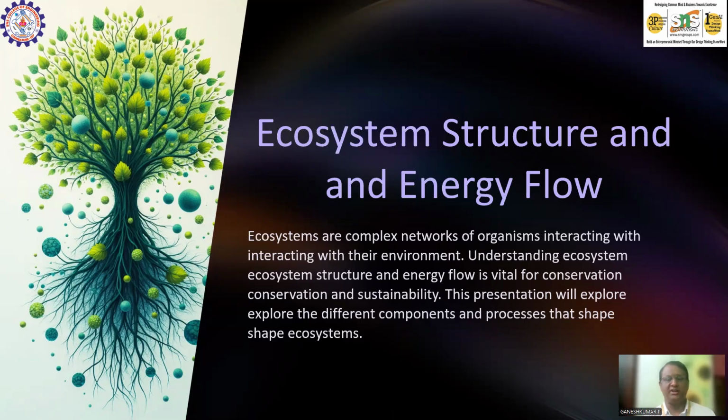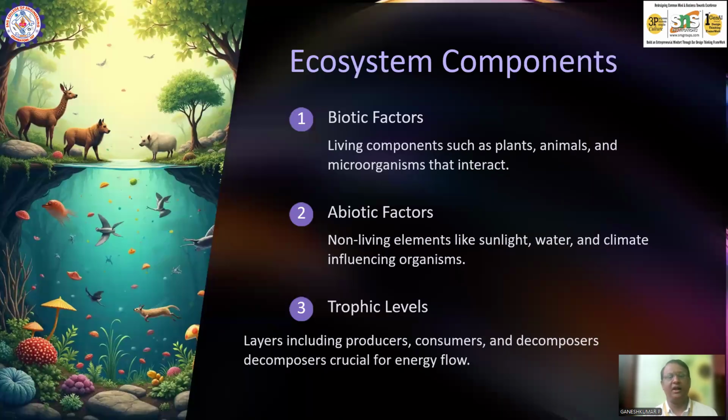Ecosystems are complex networks of organisms interacting with the environment, and energy flow is the energy which moves from one organism to another organism. We can classify them as food chain or food web.